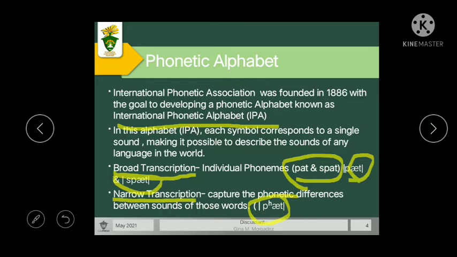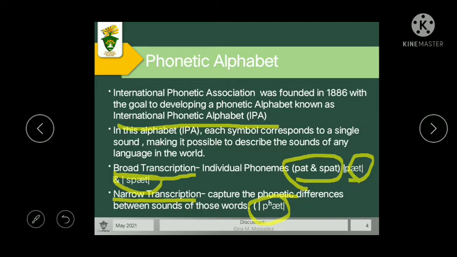It includes there the aspirated or the unaspirated. Also, phonemes and allophones have two conventions for transcribing.